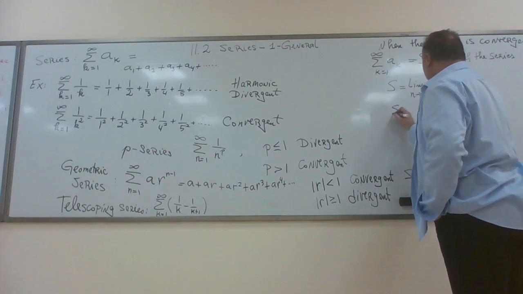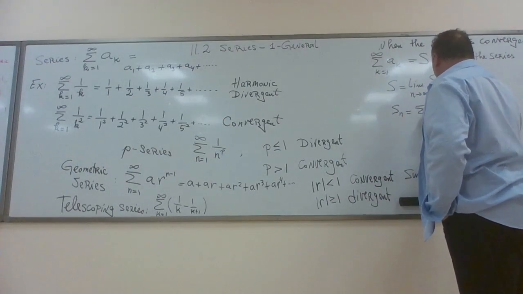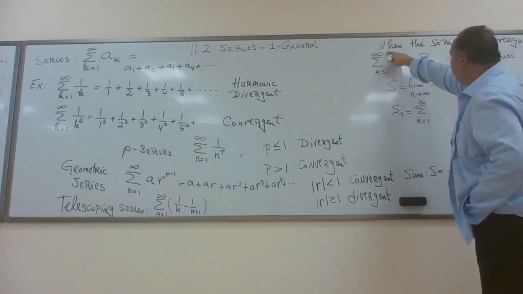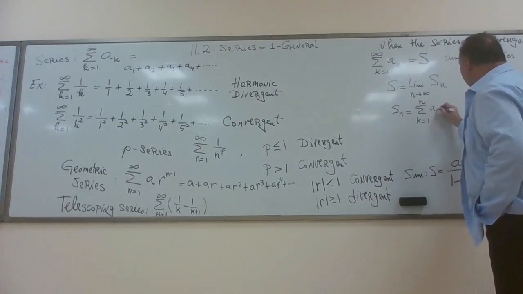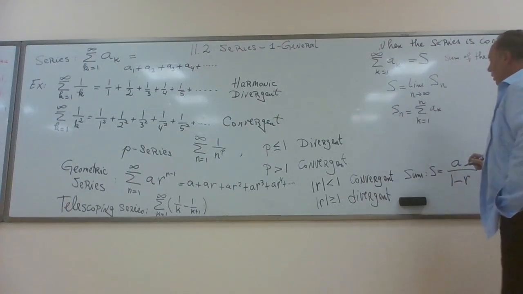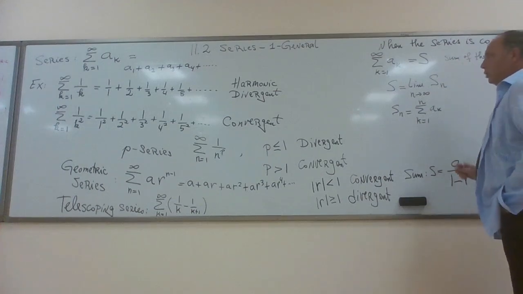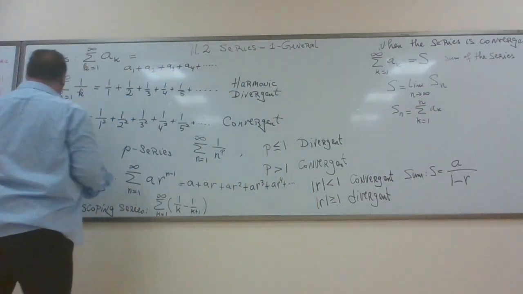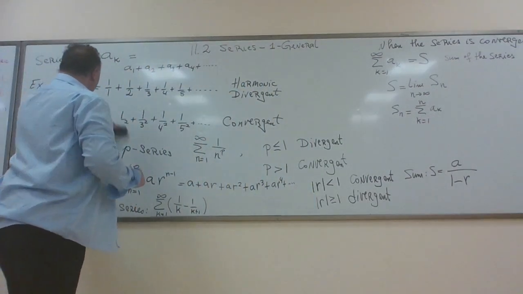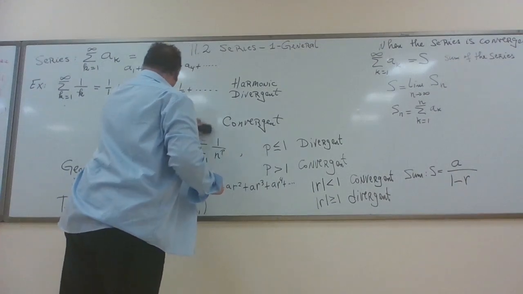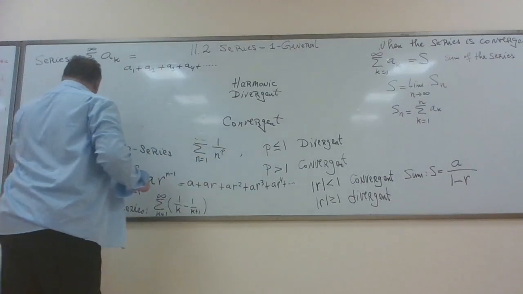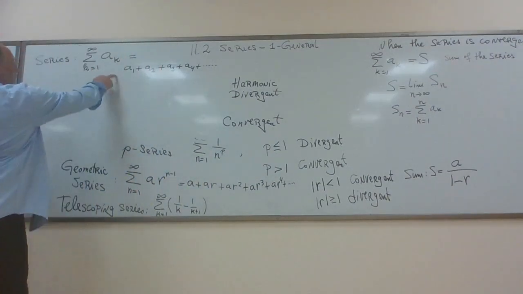Essentially, a partial sum is just a certain number of terms that we add. So instead of going from 1 to infinity, we go from 1 to n. Okay. So let's say if I go back here, and use this series here, the general one.